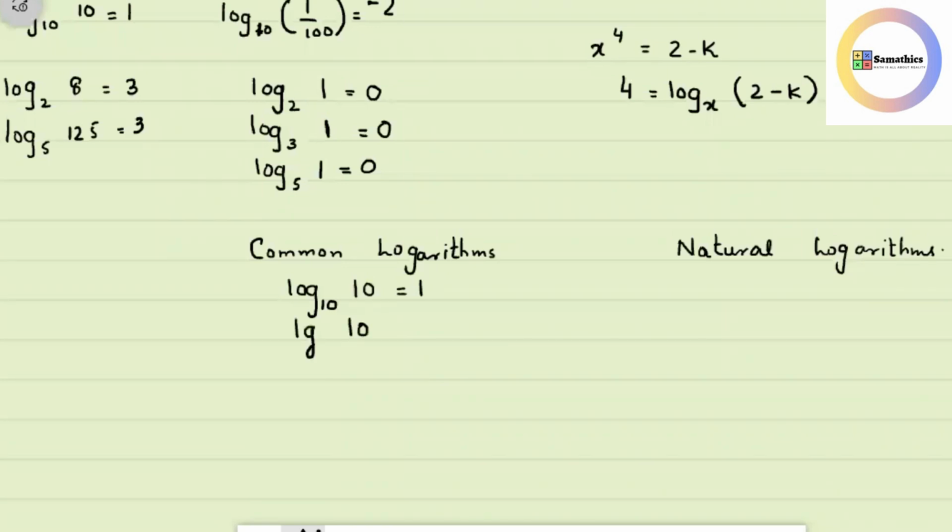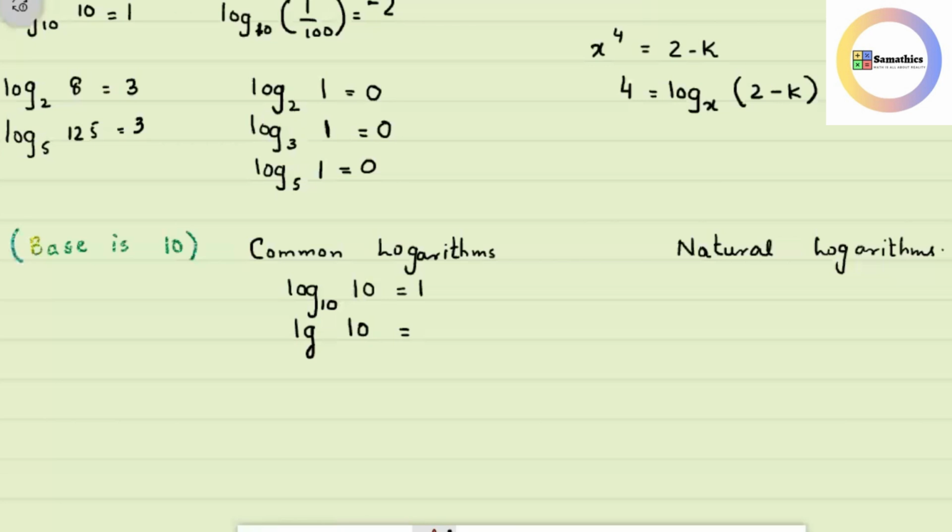Lg 10 is equal to 1, right? In common logarithms, base is 10. And in this case, base is e.